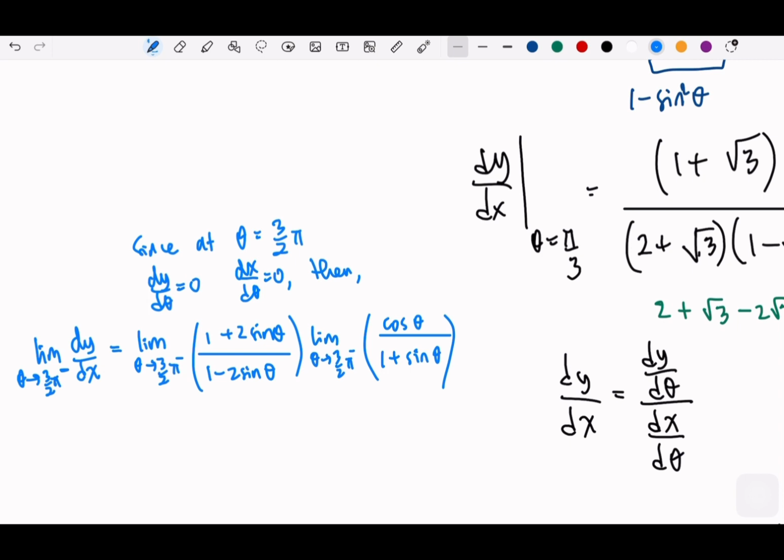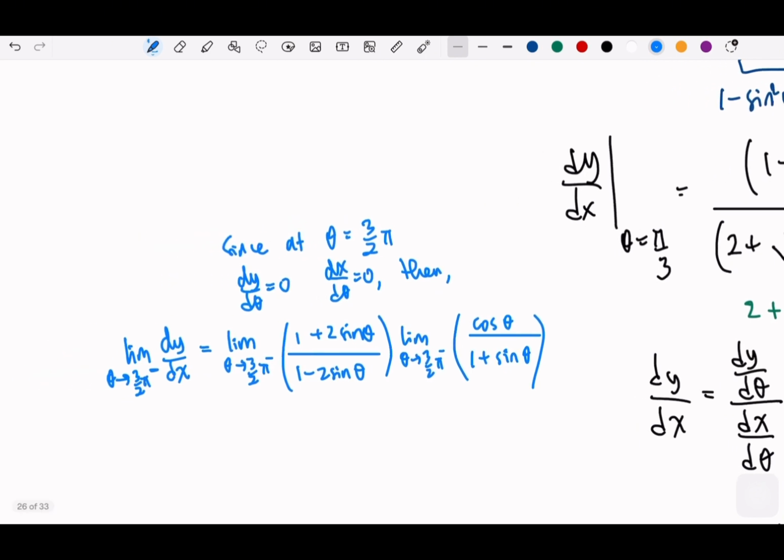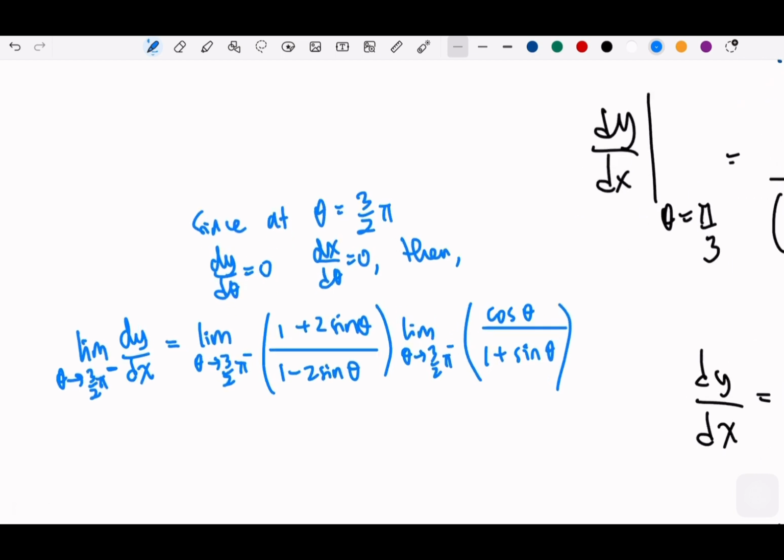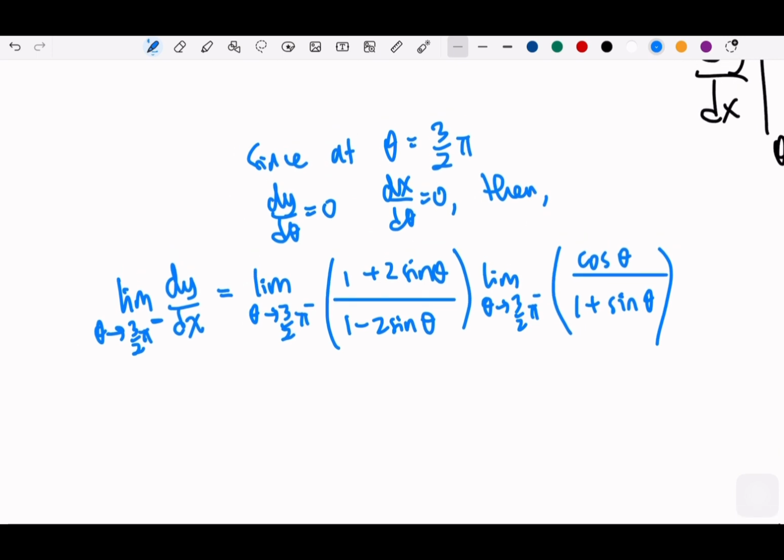If we put in our value, what will happen? I think we might have 0 over 0 situations. I think this one we can just compute, right? For the left one, it will be 1 minus 2 is negative 1, 1 plus 2 is 3, so it's negative 1 over 3 for the left one.